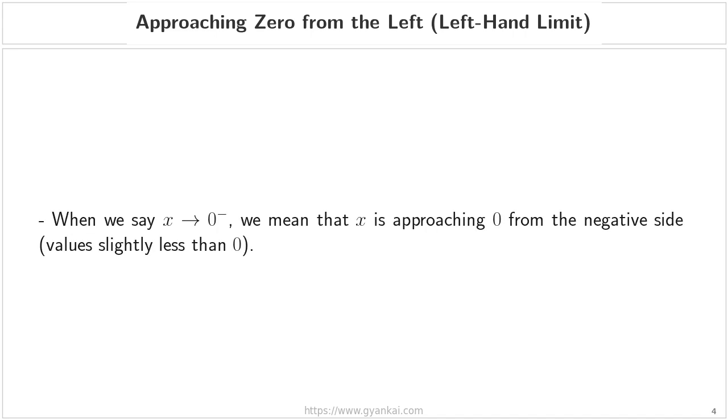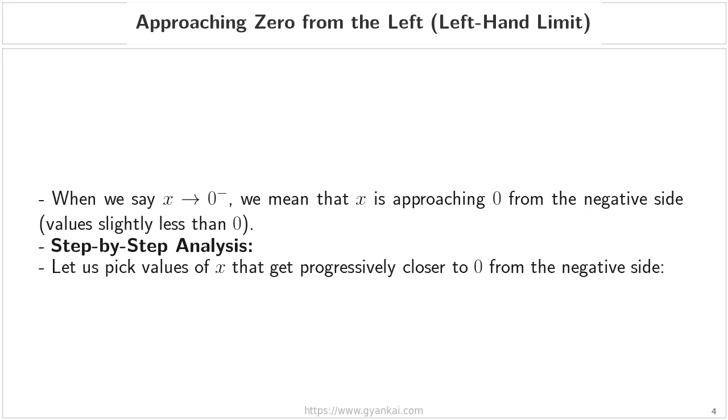When we say x approaches 0 from the left, which is denoted by the small minus sign in the superscript, we mean that x is approaching 0 from the negative side, using values that are slightly less than 0. To understand this, let us perform a step-by-step analysis by picking values of x that get progressively closer to 0 from the negative side.